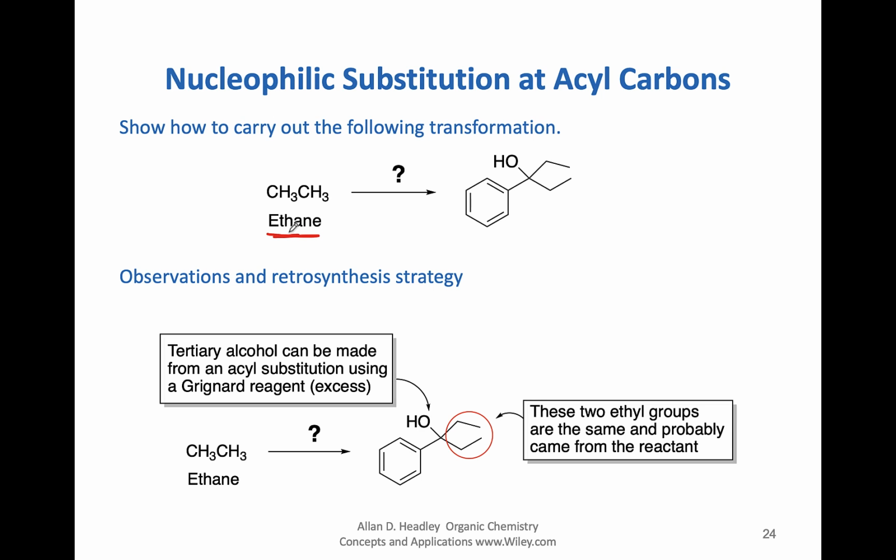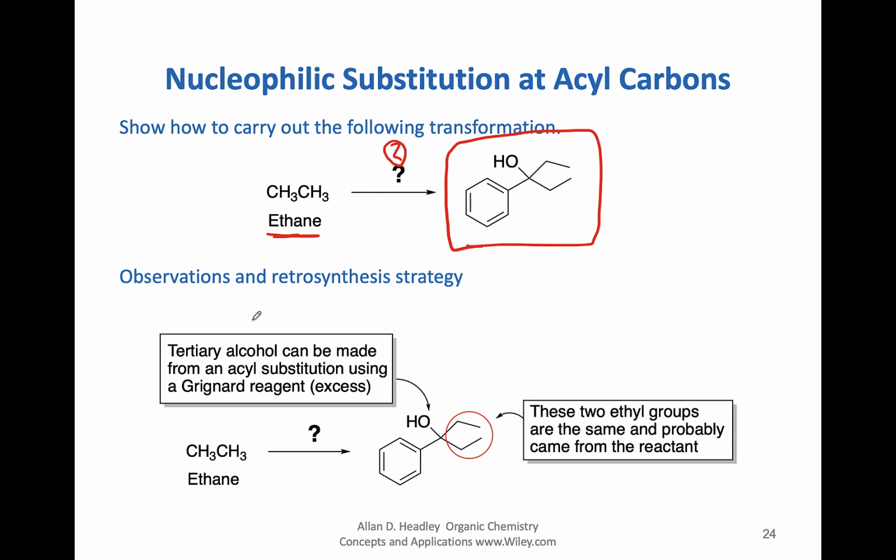Ethane is a gas, so you got a cylinder of ethane, for example. And your boss asked you to produce this as the final product. That's the product that's needed for sale. How do you carry out this synthesis here?